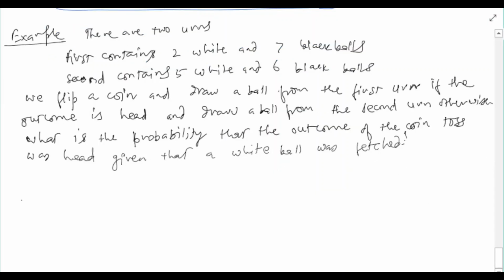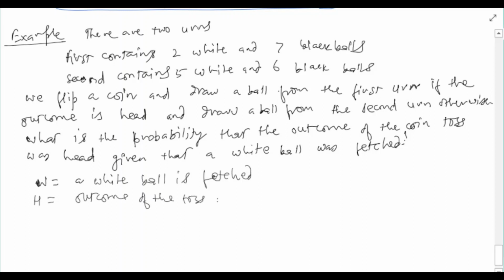To answer this question, let us again define events W and H as follows. W is event that a white ball is fetched. And H is the event that outcome of the toss is head. Clearly, probability of H is half.